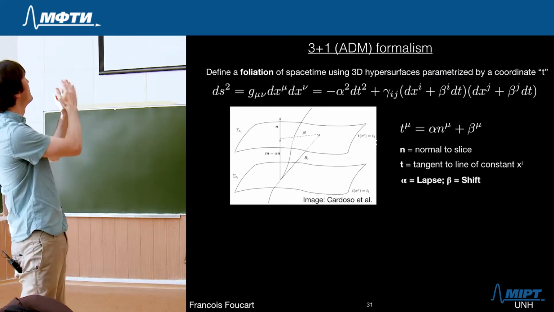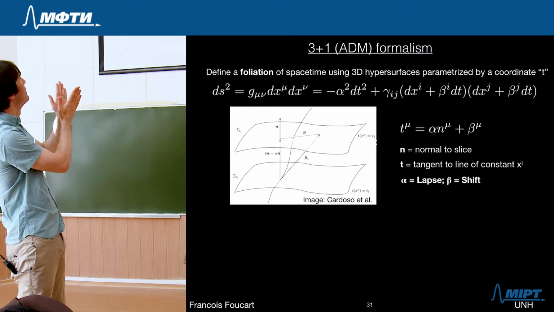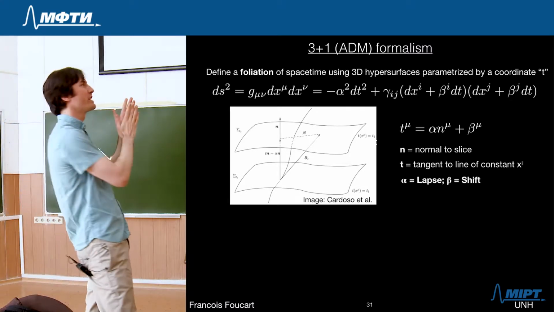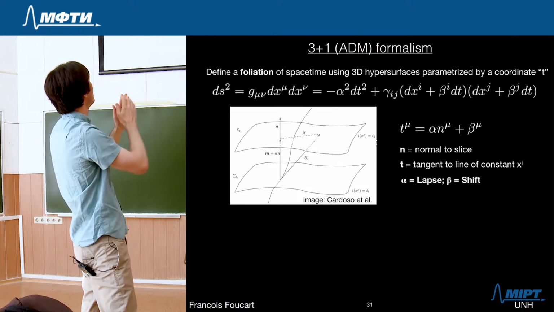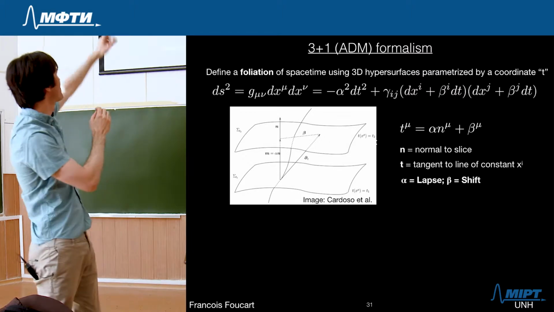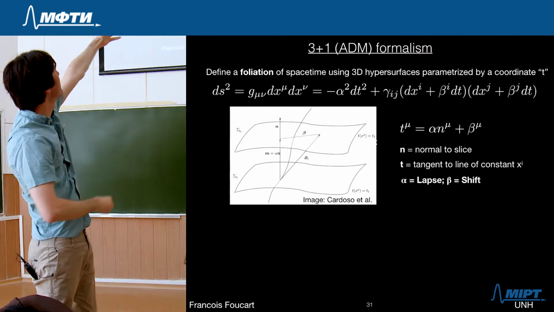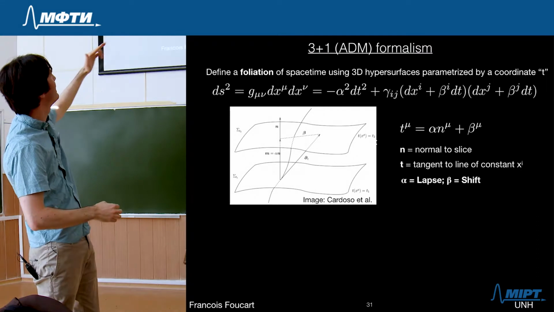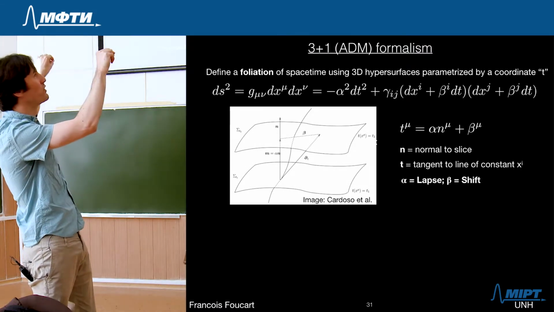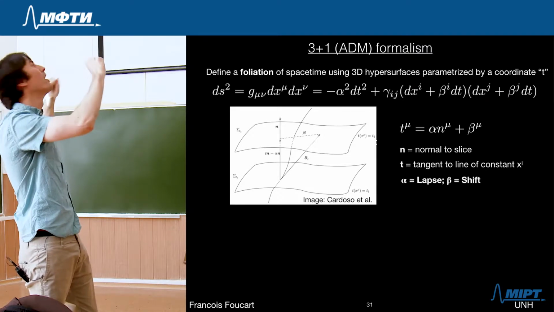So there is going to be a shift between what an observer, which is at constant coordinates, does in your spacetime, and what an observer which moves normal to the slice does in your spacetime. So the normal here is n, right? And the time direction is that delta t here on the right. And so there is a shift between the two, which is called the shift beta.